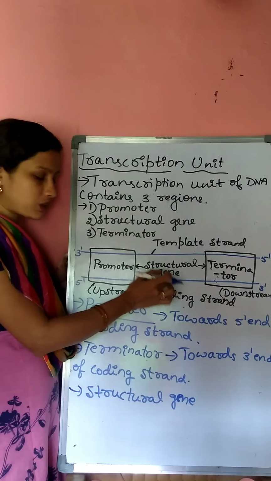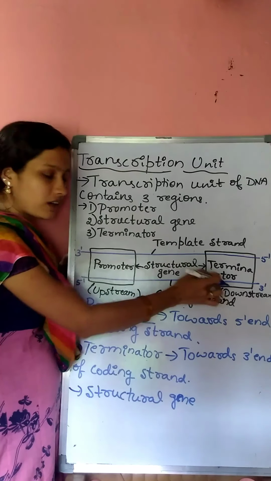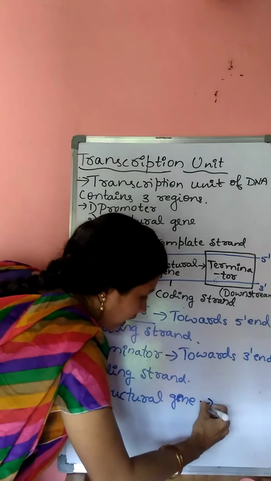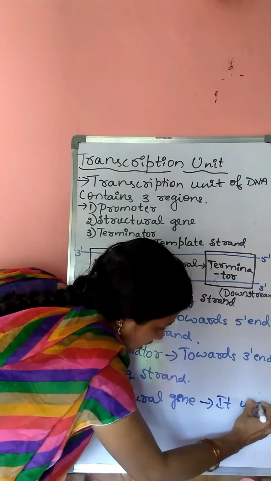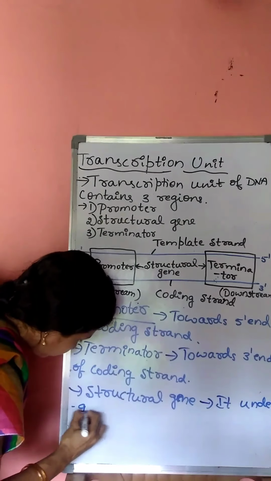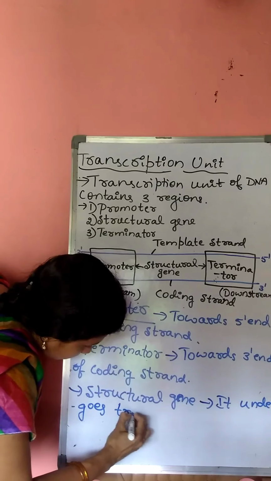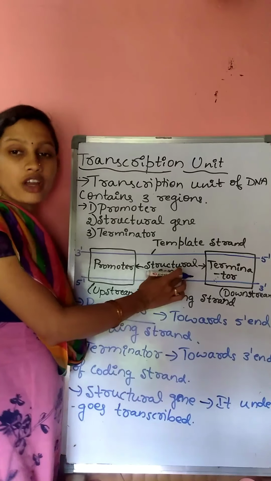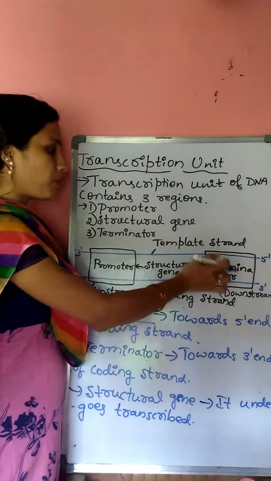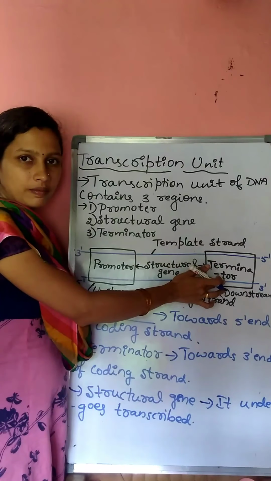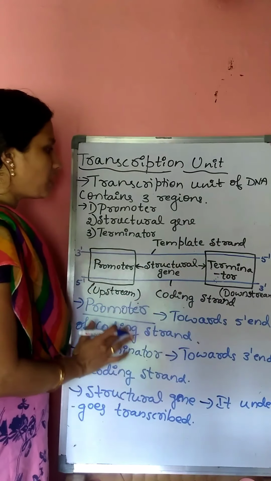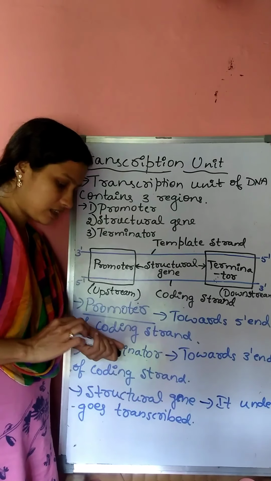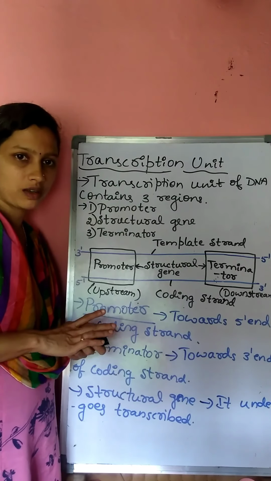It is the site which undergoes transcription, that is, it gets transcribed. These are the three important regions present in the transcription unit. Other than this, some regulatory sequences are also present.